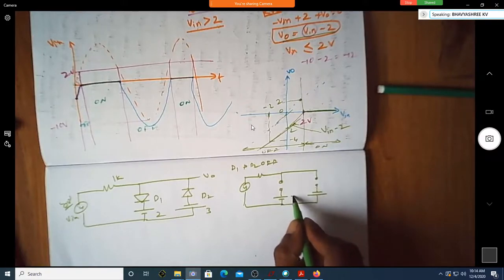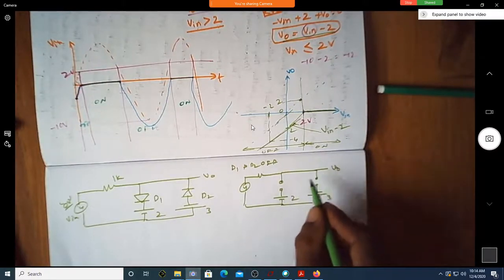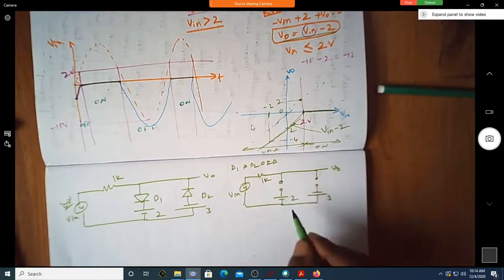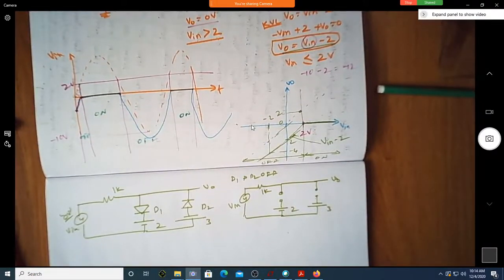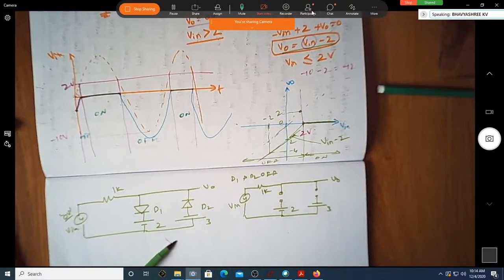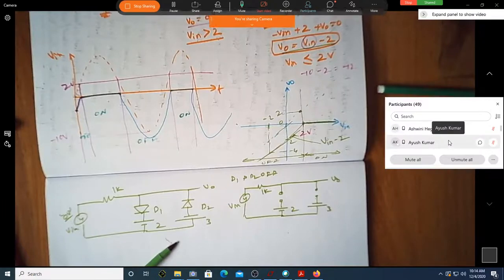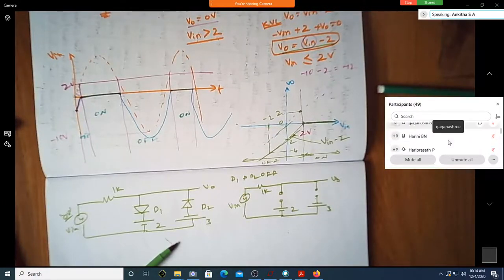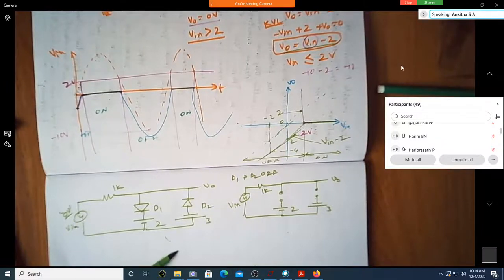I don't know whether you are writing or simply watching like a movie. Can I see somebody's notebook? Who is there? I don't know the name. Ankita, are you there? Okay, Ankita, show me what you have written. Can you share it? Is it possible to share?